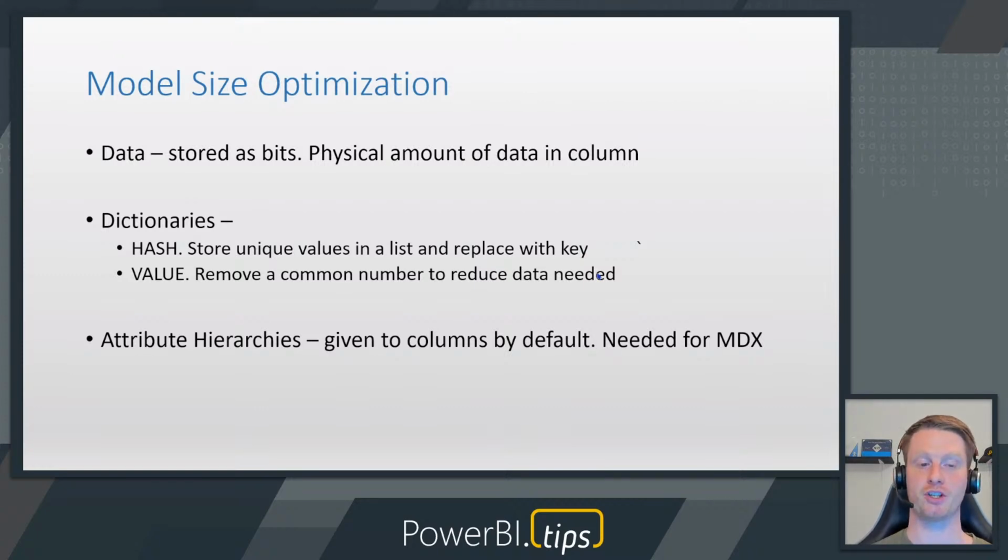So this is the hash dictionary, which works on the text. We have the value dictionary where we remove a common number, for example 1000, to reduce all the data, and just store the number 1000. And we have attribute hierarchies, which are given to columns by default. The main reason we need to care about them is the need for MDX to connect to Excel.